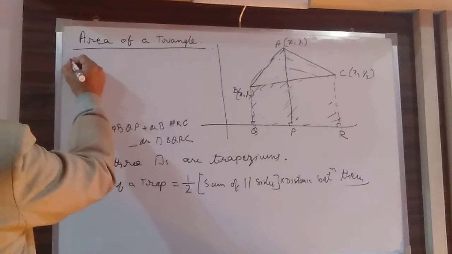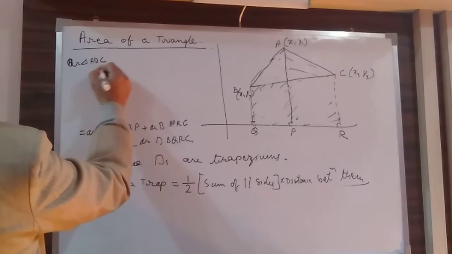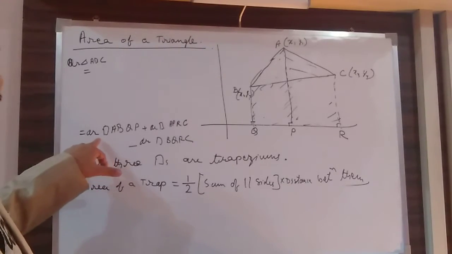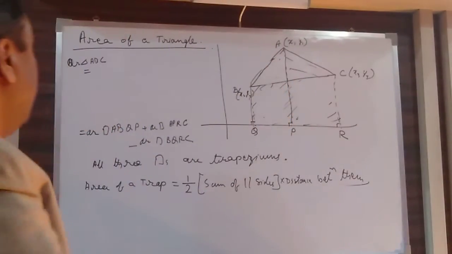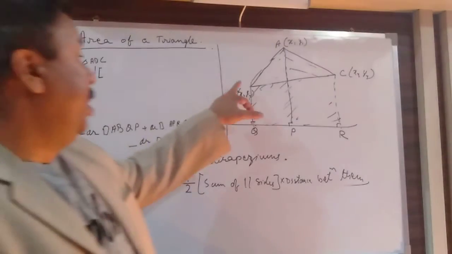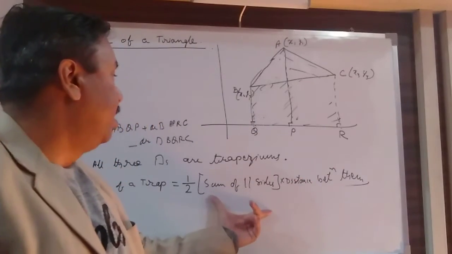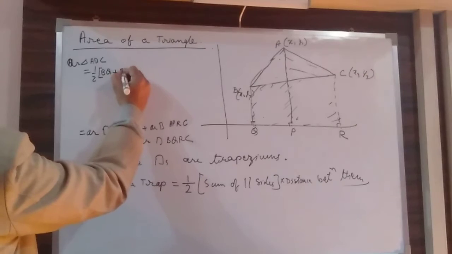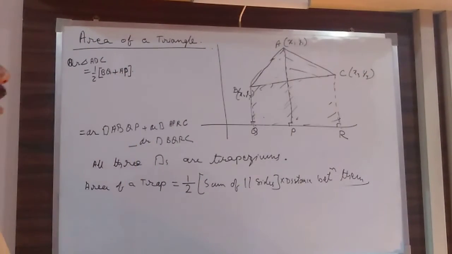Now the area of triangle ABC, what is it coming out to? It is the area of trapezium ABQP, which will be half of BQ plus AP, the sum of parallel sides, multiplied by the distance between them.